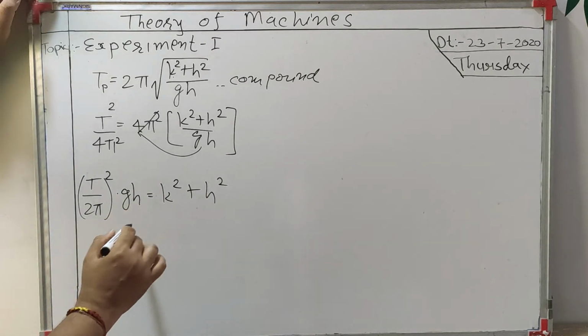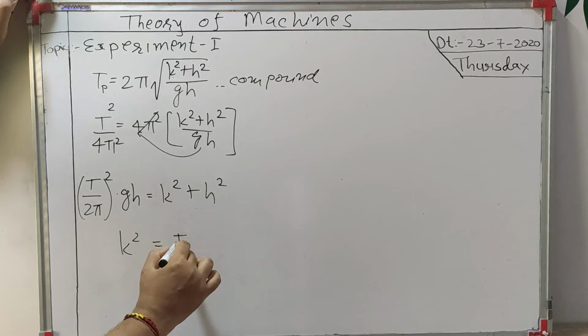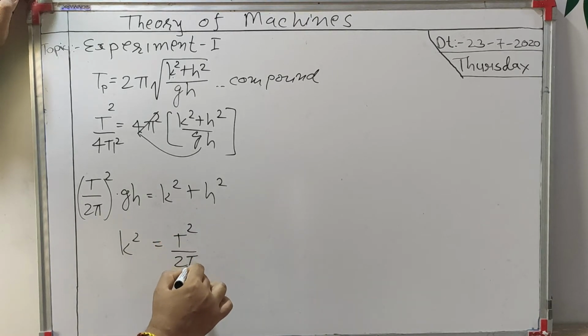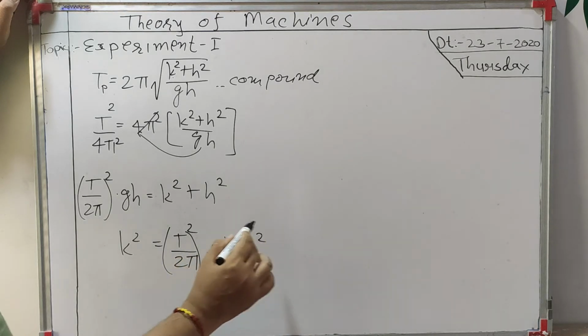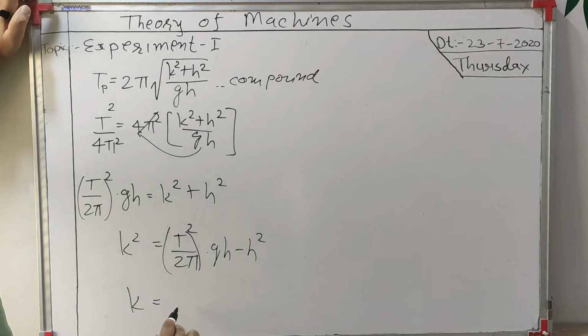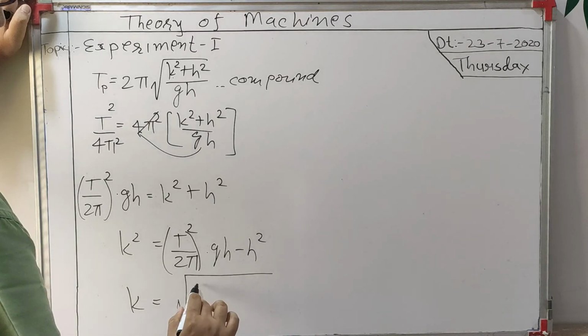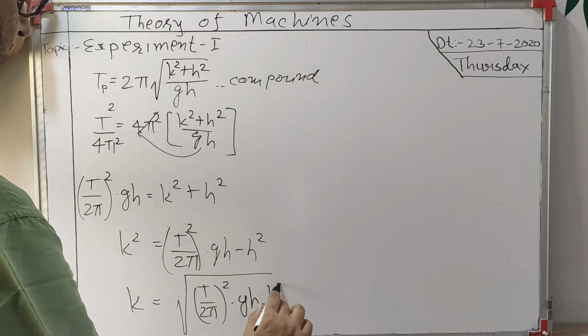Now rewriting this equation in this form, k square is equal to (T by 2 pi) whole square into gh minus h square. So k is equal to the square root of (T by 2 pi) whole square into gh minus h square.